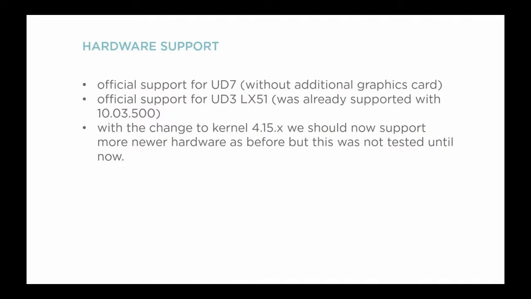And then you can put in an additional graphics card, and then you can do a fourth screen. So this is a way to have a 4-screen mode at high resolutions.